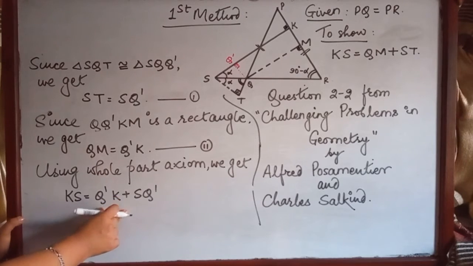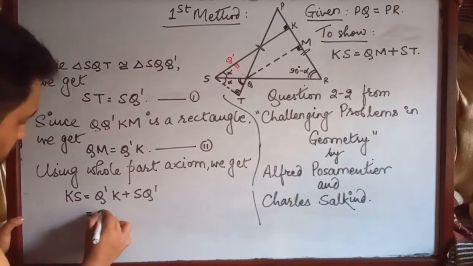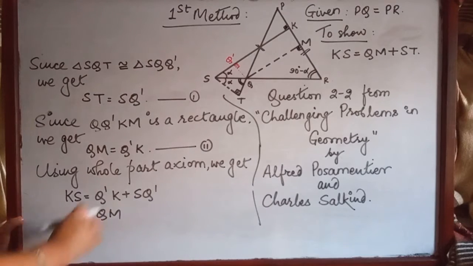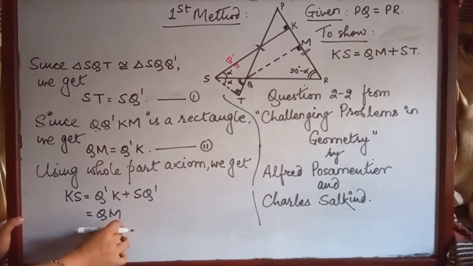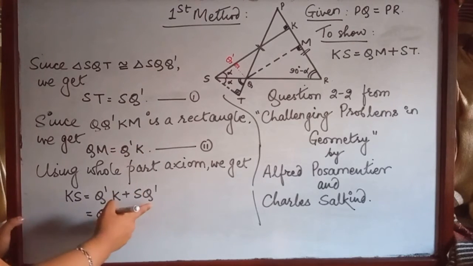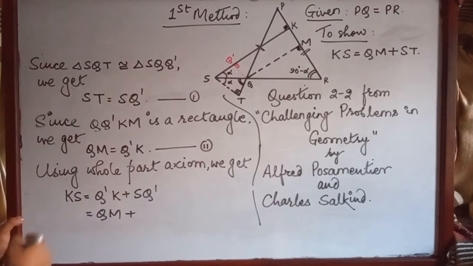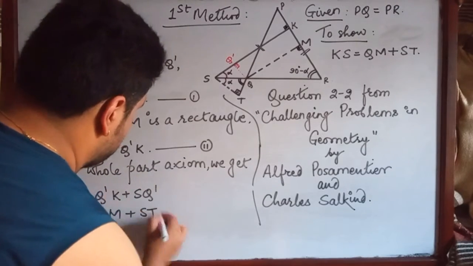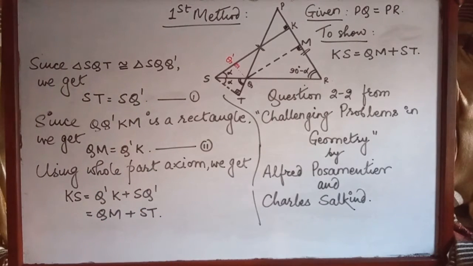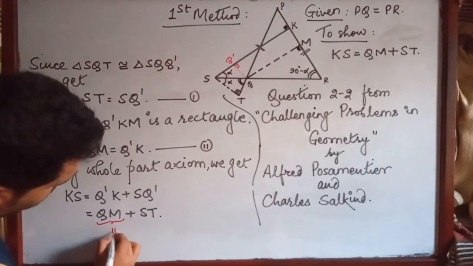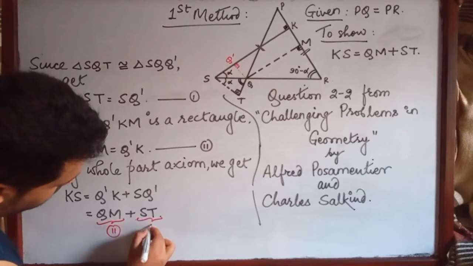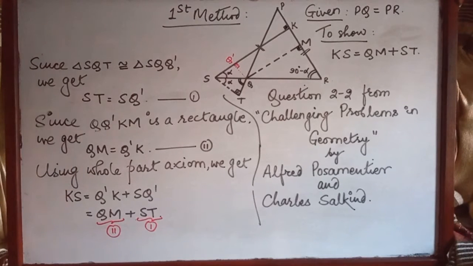Q dash K is equal to QM from equation 2, and SQ dash is equal to ST from equation 1, completing the proof. So, this is the first method.